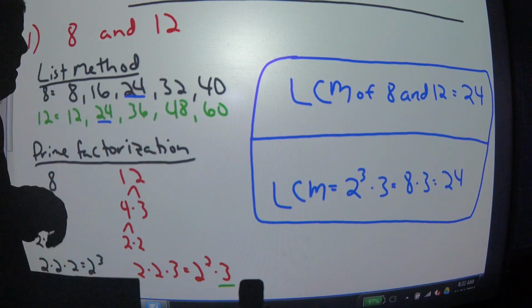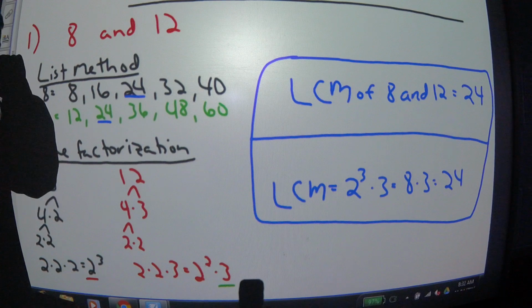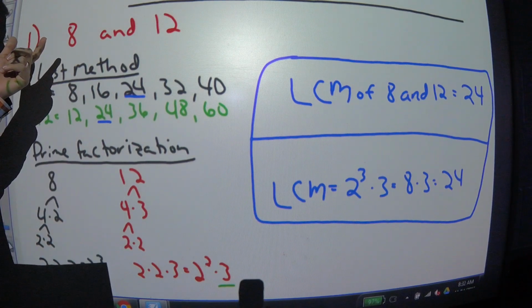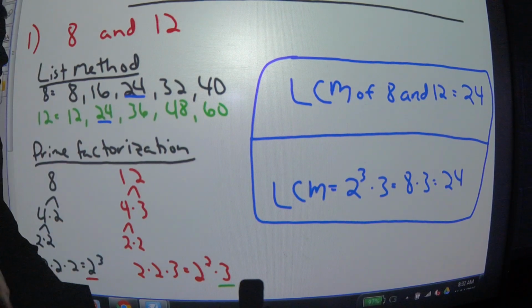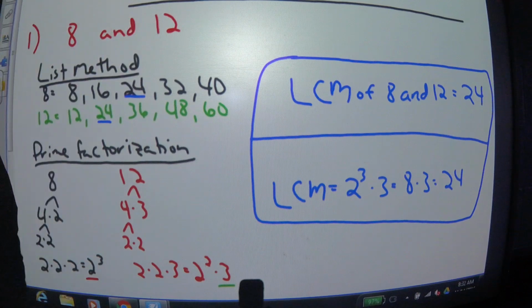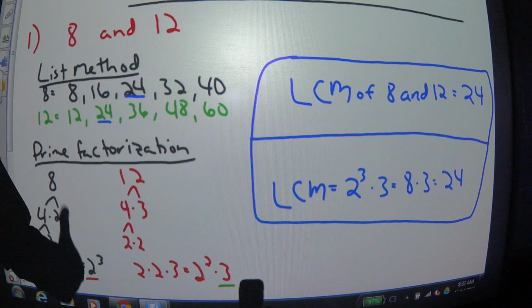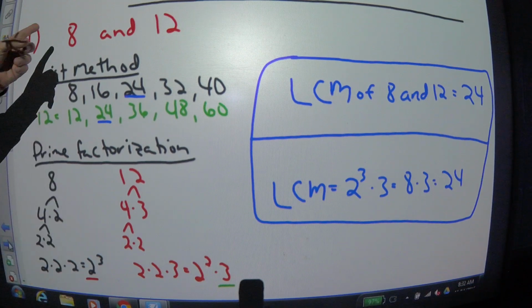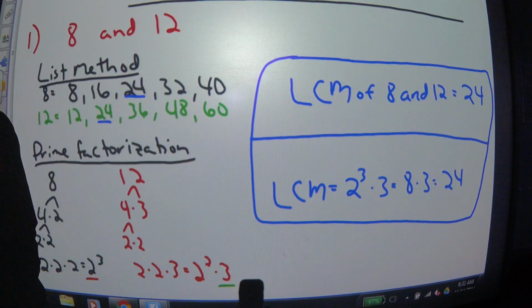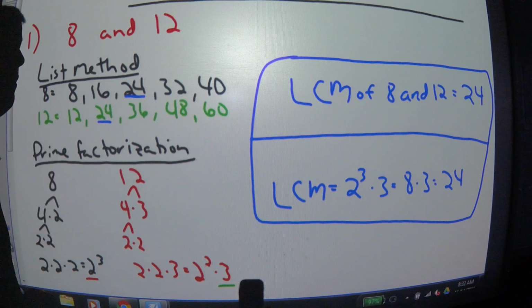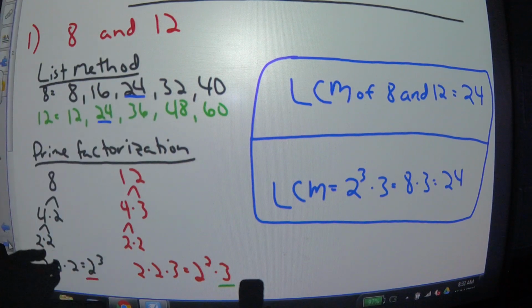So for instance, 8 and 12 will both divide into 96, but that may not be the smallest number that 8 and 12 will first divide into. So we're looking for what both of these numbers will divide into. The lowest common multiple.